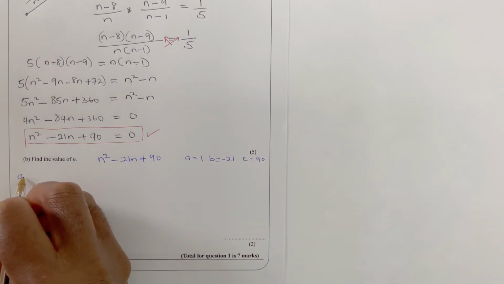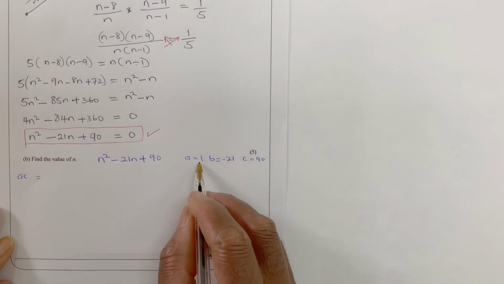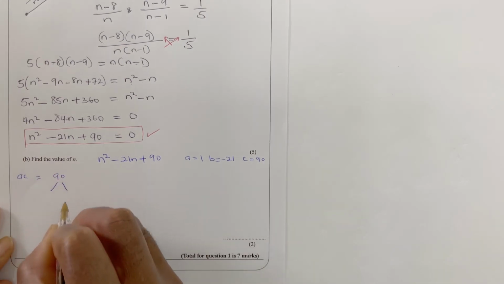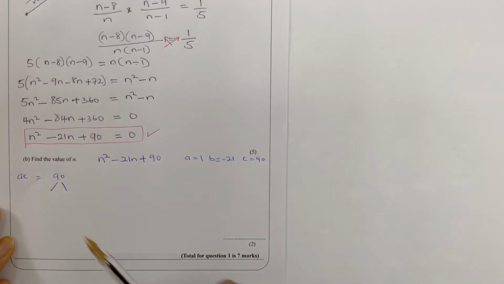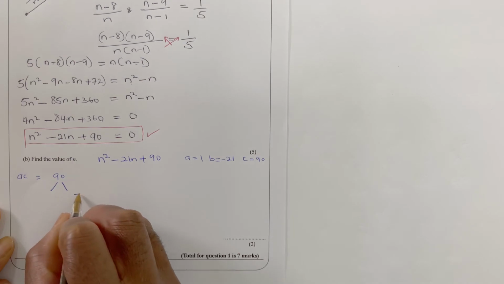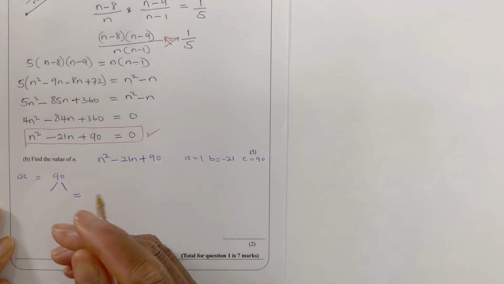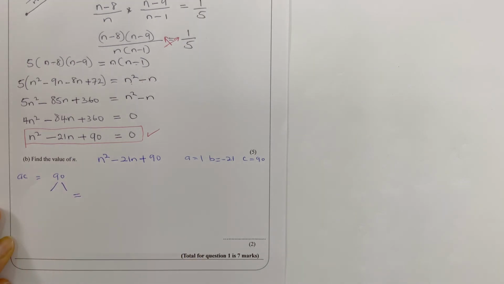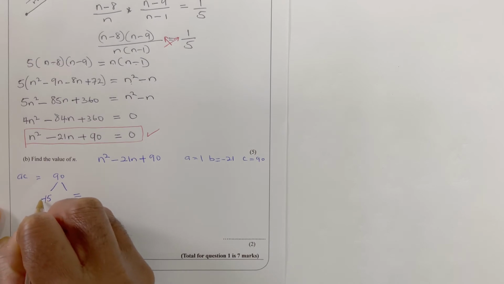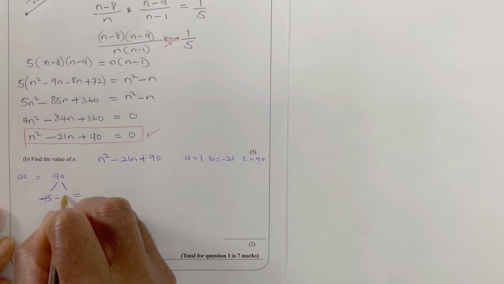And you can say AC, which means 1 times 90, that's 90. I need two numbers that multiply to get 90, and when I add them together, I get minus 21. I'm looking for minus 15 and minus 6.